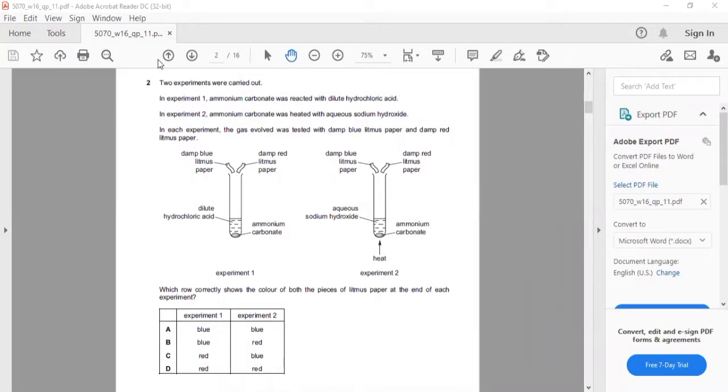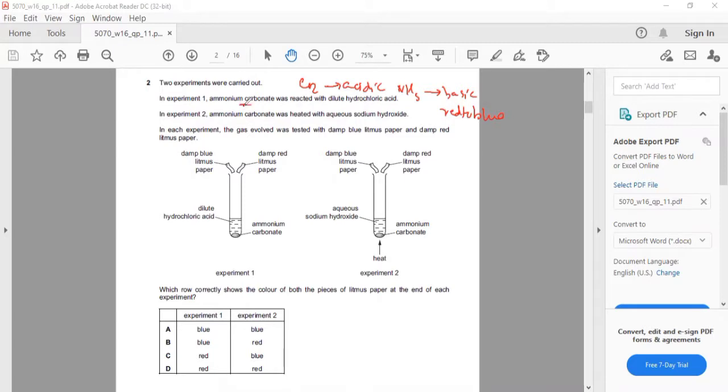In question number 2, you should know about acid-base chemistry and the tests for gases. You should know carbon dioxide is acidic, and ammonia is basic. A base turns red litmus blue, and an acid turns blue litmus red.